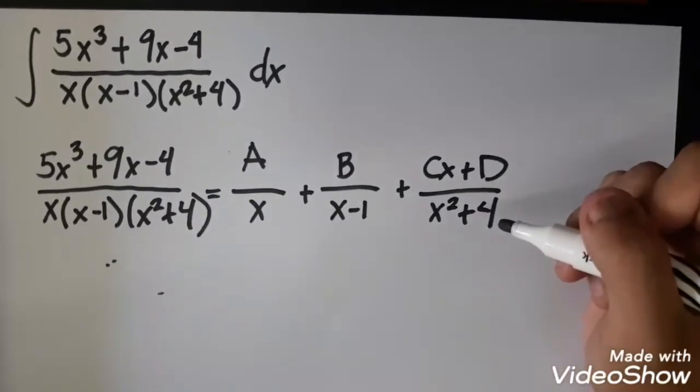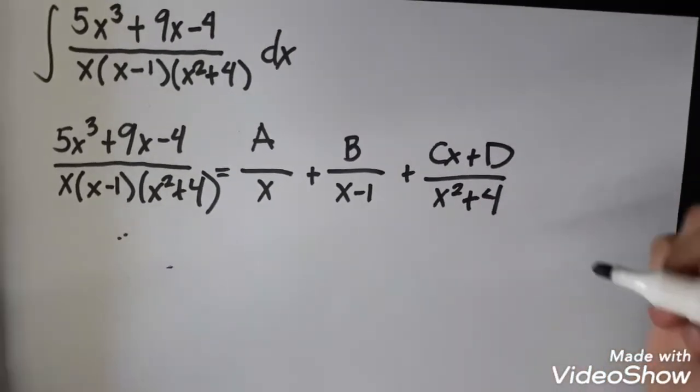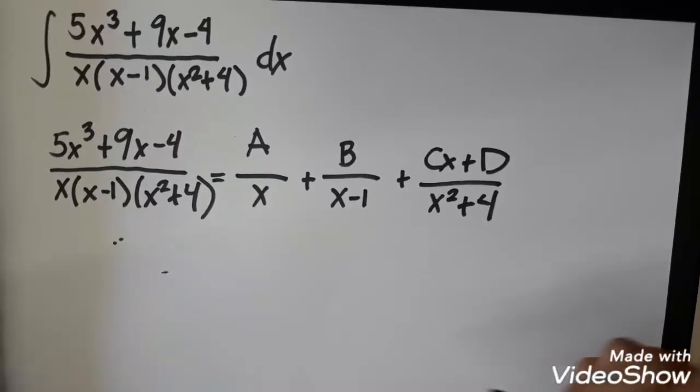Next step, multiply both sides of this equation by the left side denominator.